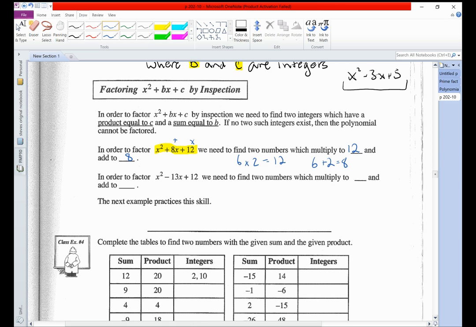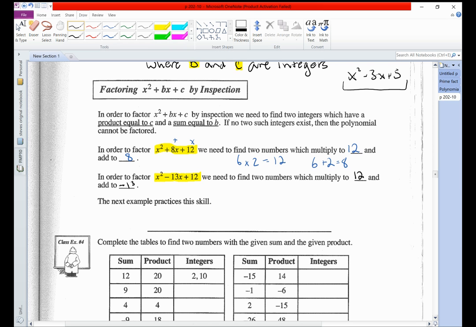So let's try that again. In order to factor x squared minus 13x plus 12, we need to find two numbers that multiply to positive 12 and add to negative 13. Sometimes it's hard to find these numbers, and there is a good strategy to use if you're not sure.